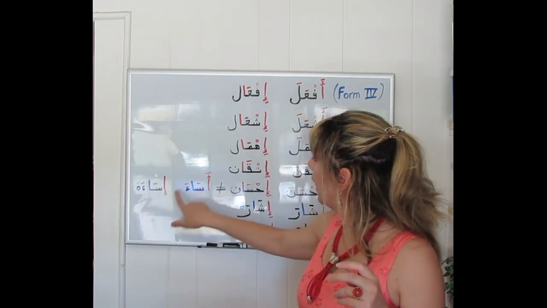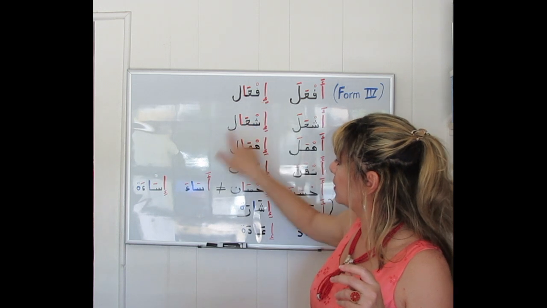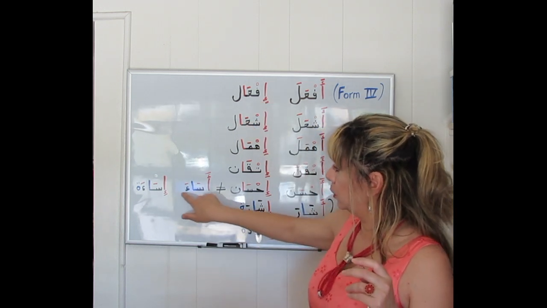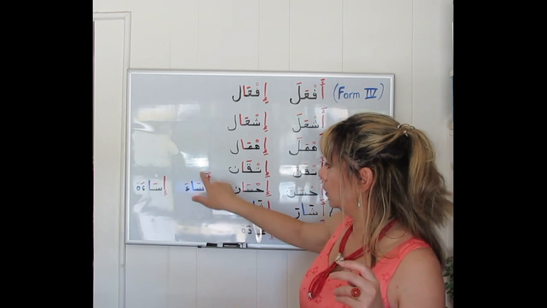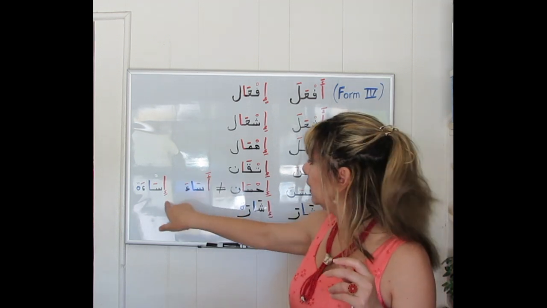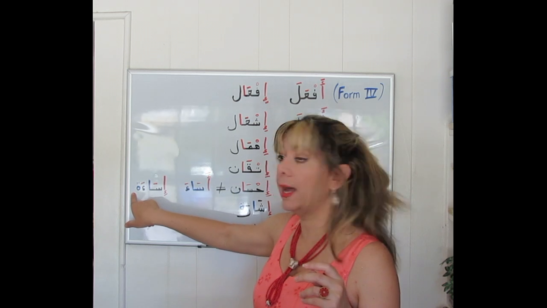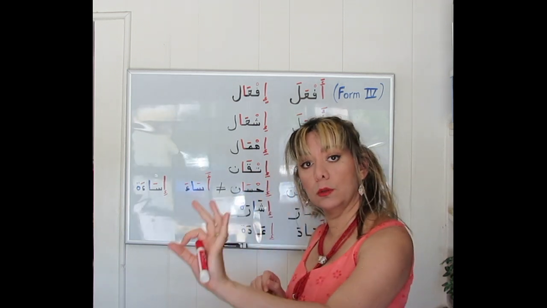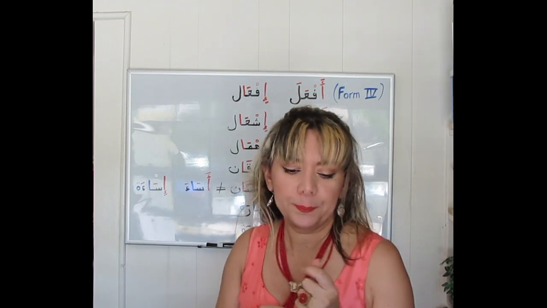So we would still have the hamza with its kasra, and you will keep the same core, and then you will add a circular ta, the tight ta, toward its end, إساءة.